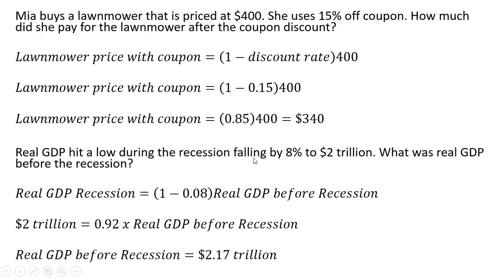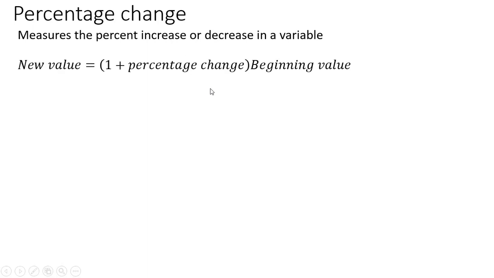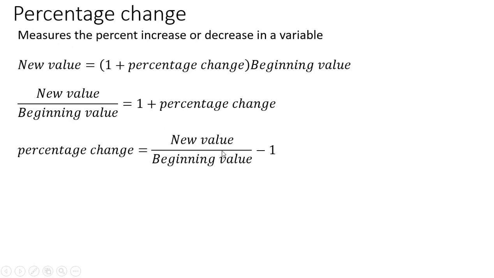Let me talk briefly about percentage change. This percent change measures the percent increase or decrease in a variable. We could derive the percent change from the formula we've been using. The new value equals 1 plus a percentage change times the beginning value. So we just want to solve this equation for percentage change, dividing everything through by the beginning value, subtracting 1 from both sides.